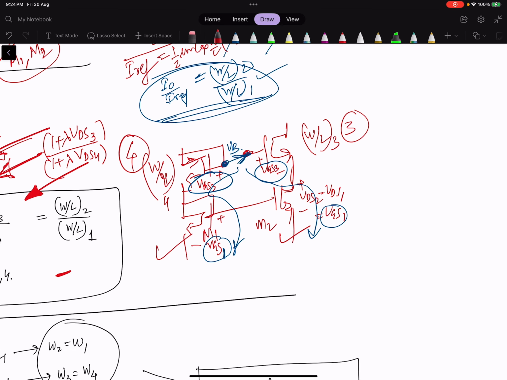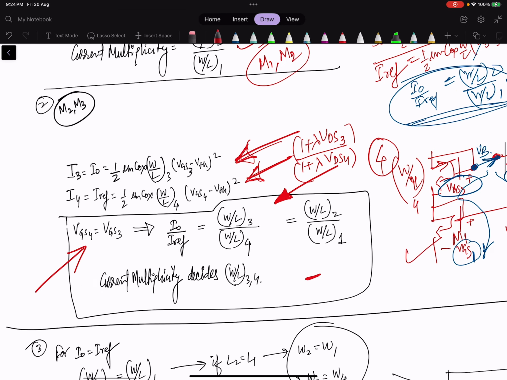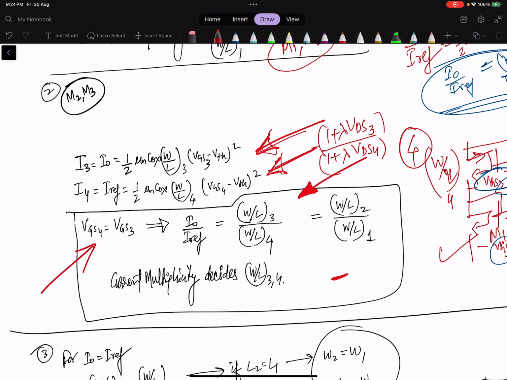If you see clearly, why have we not added it? I'll come back to this point, why we have not added the 1 plus lambda VDS effect here. Right now it's not clicking in my mind, but I'll come back to you on this. What is the point of why we have not made the ratio? Okay, if you get this point, it's good. You just let me know.